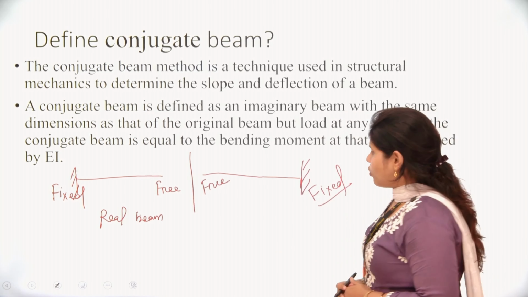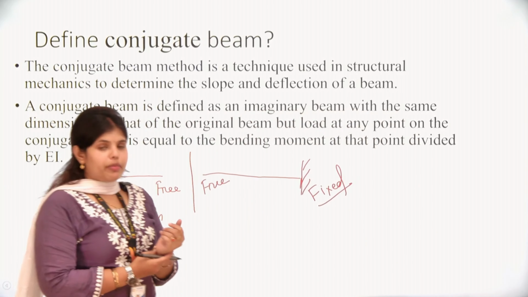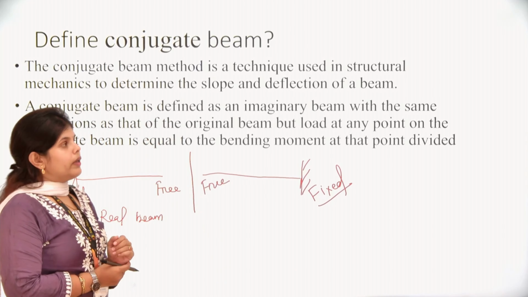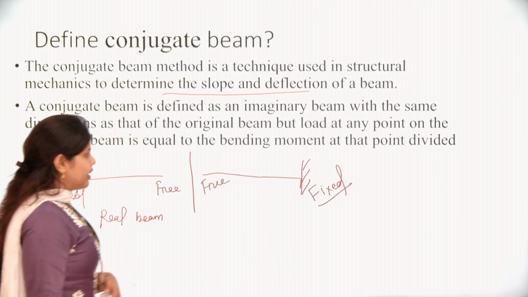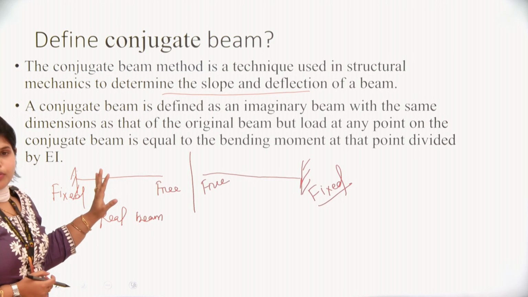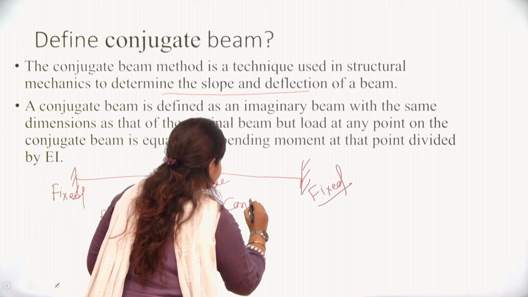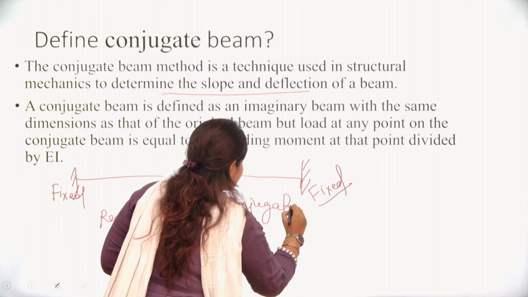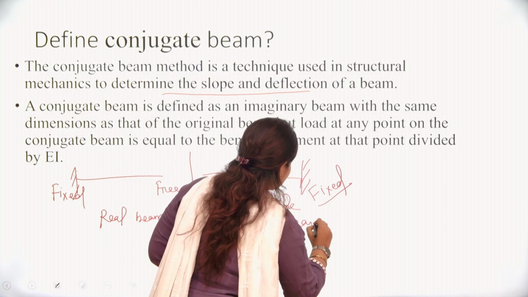So the conjugate beam is nothing but a method to find out what? The slope and deflection of a beam. You just need to remember that the conjugate beam supports are the complete opposite, or mirror image, of the real beam.